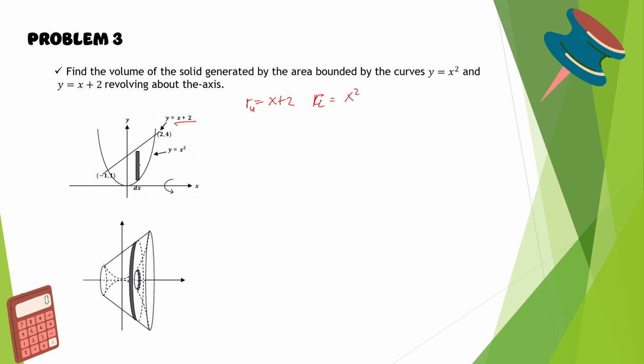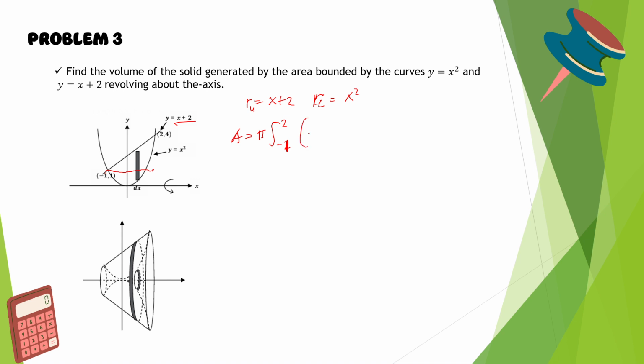So by the use of this one, the volume is equal to pi from, since this is in terms of dx, from negative 1 to 2. That would be our limit.